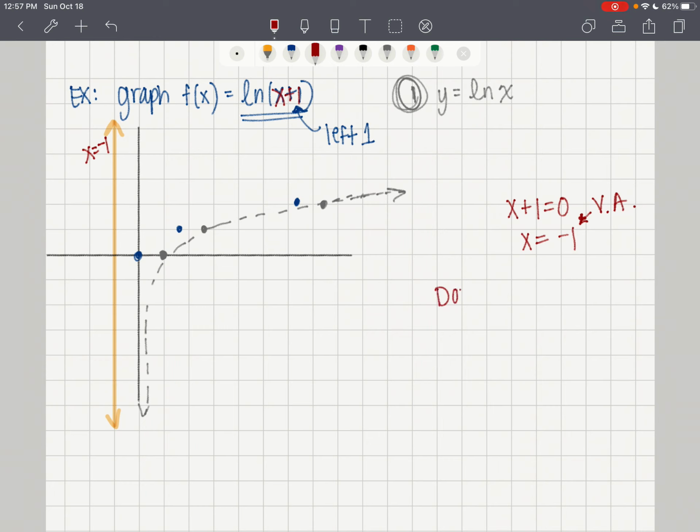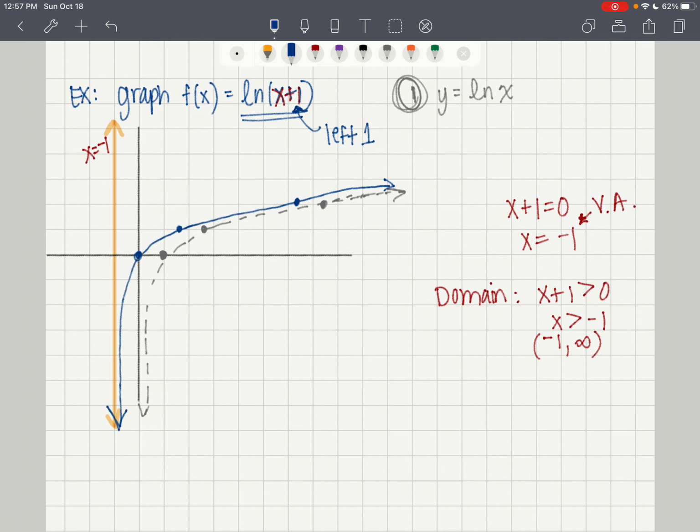For our domain, we take the argument and set it greater than 0. X is greater than -1. So our domain is going to be -1 to infinity. And our graph is the blue line that looks just like that.